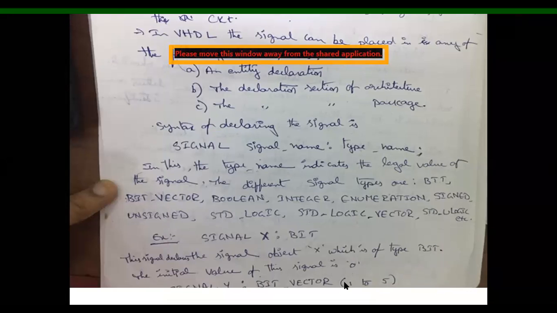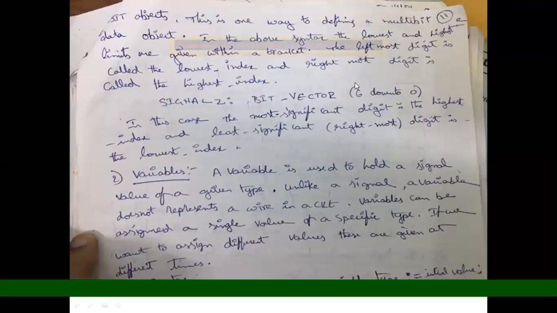One way is 1 to 5. If the array of bits has 6 bits, we can mention it as 1 to 5. The other representation is 6 down to 0.